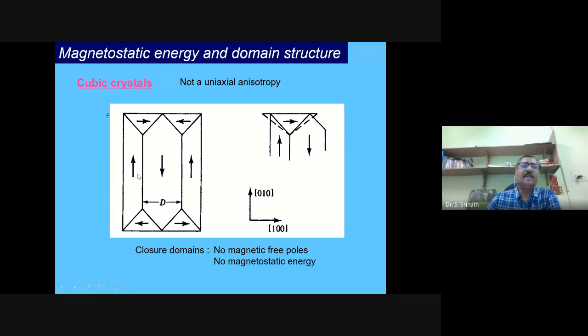Because this is a cubic crystal, there is nothing like a special z direction. Let us say this is actually 0 1 0, so maybe y. Along this vertical direction there are domains, and along this horizontal direction there are domains, isn't it?